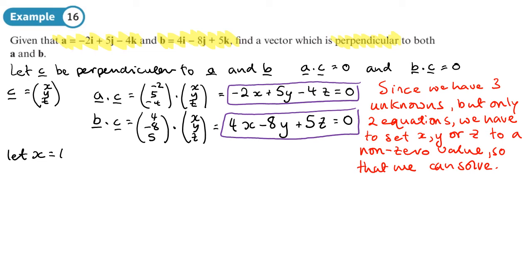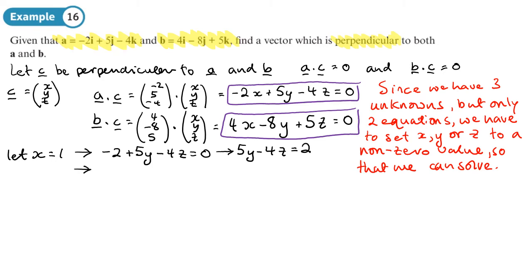Okay, so if I make x equal to 1, then the first equation will become -2 plus 5y minus 4z equals 0, which I might want to write as 5y minus 4z equals 2.